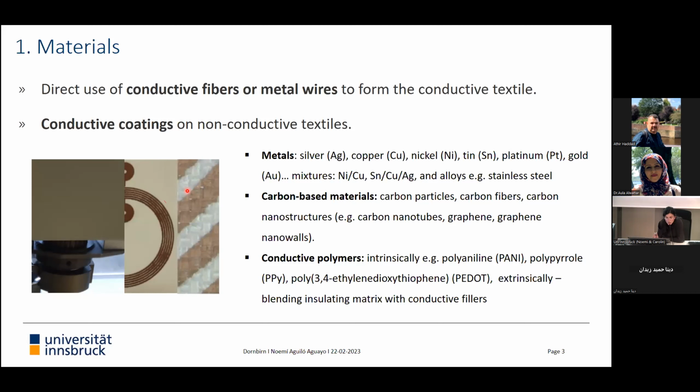This is the conjugated double bond structure. You can have this conductivity in the polymers. And another strategy is to use conductive fillers like carbon fibers in a non-conductive polymer. This conductive polymer is called extrinsically conductive.